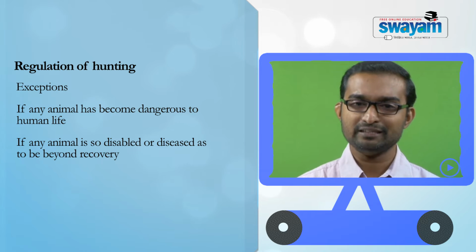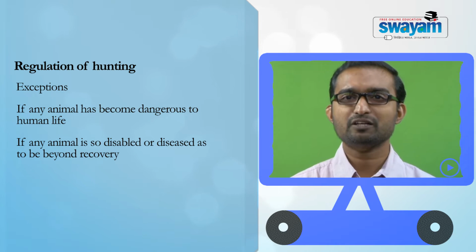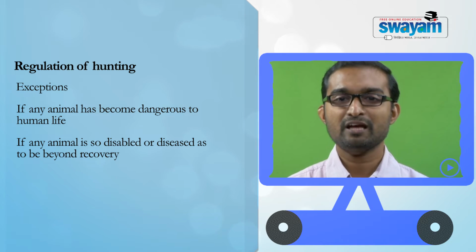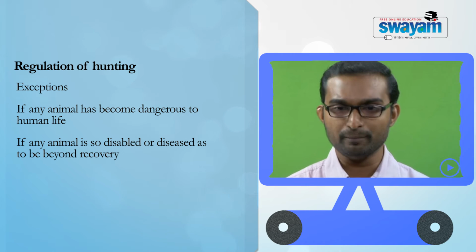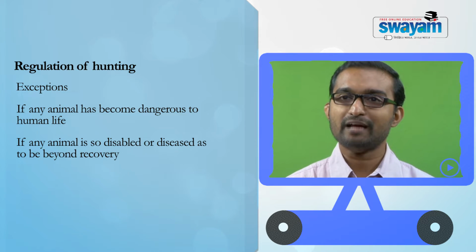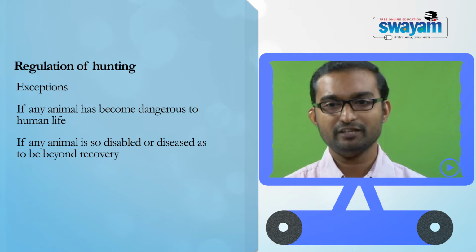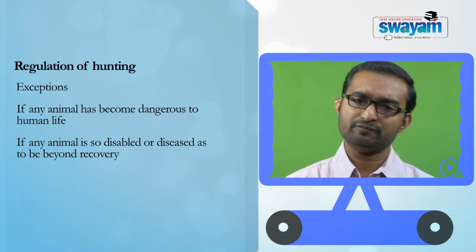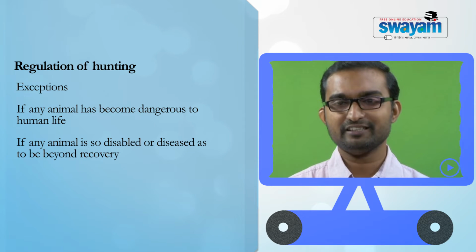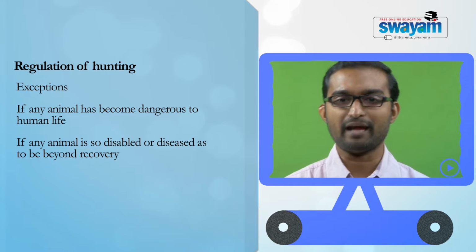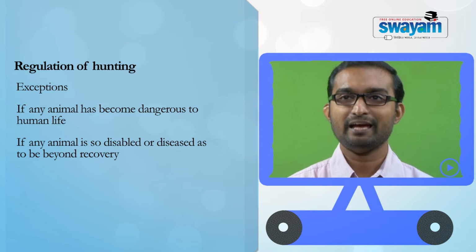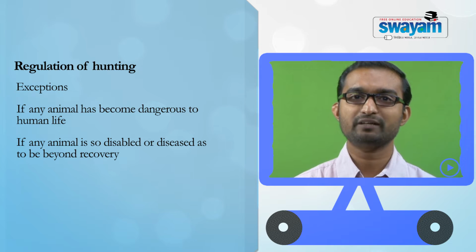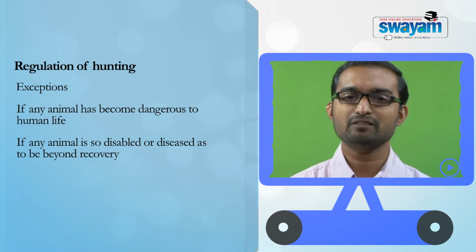As we can see, there are two critical conditions upon which hunting of a schedule 1 animal is permitted. One is if the animal is dangerous to human life, and the second condition is in the interest of that particular animal, because if it is so disabled or diseased, the possibility of recovery is either nil or extremely less.